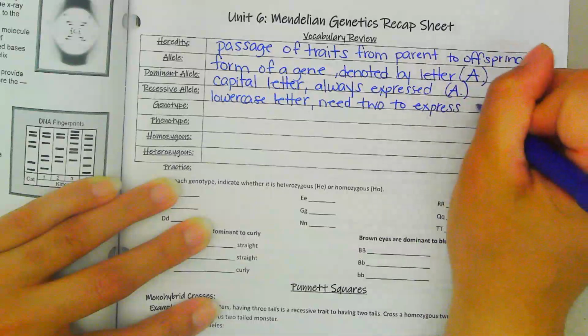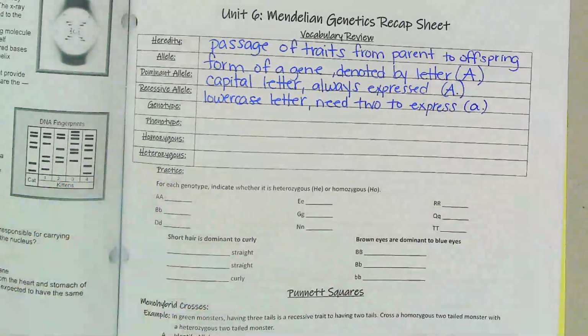So this one gets covered by that dominant allele. So you need two of them to express it.